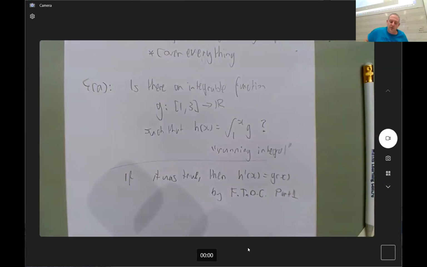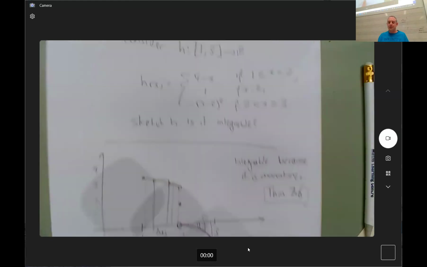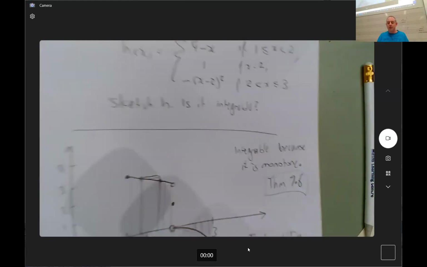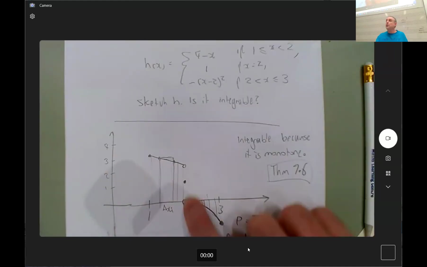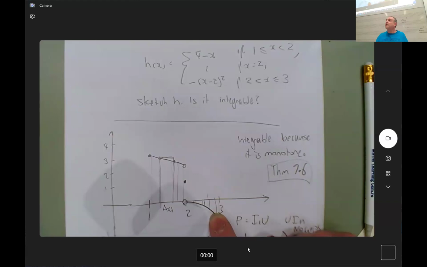Because part one says that the running integral of an integrable function is a differentiable function. And so we would have to know, therefore, that h would have to be differentiable, which it's not because it's not continuous. So my running integral function could only work up to the point 2, but not beyond that.